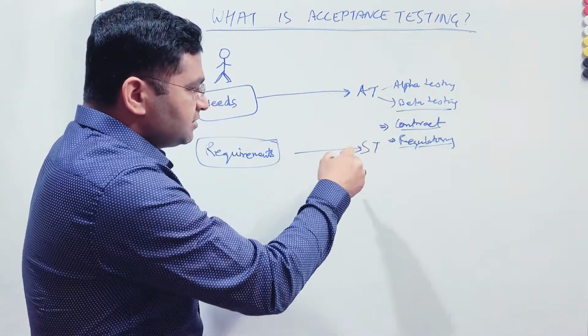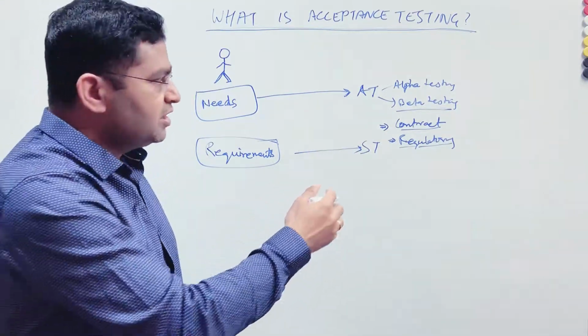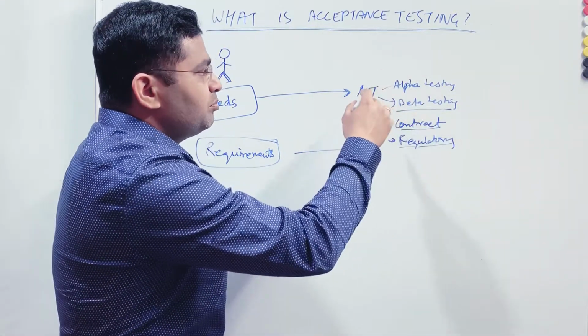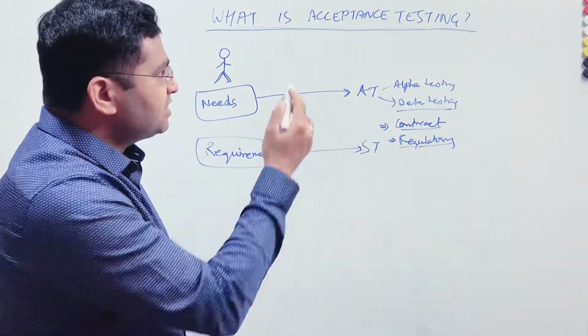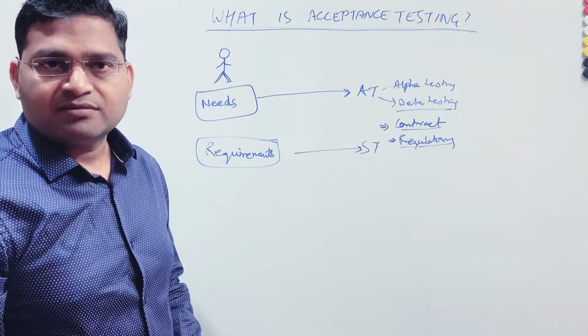Some of the testing is done in the system testing phase itself, but most of it is part of the alpha, beta, contractual verification or regulatory verification in the acceptance test phase.